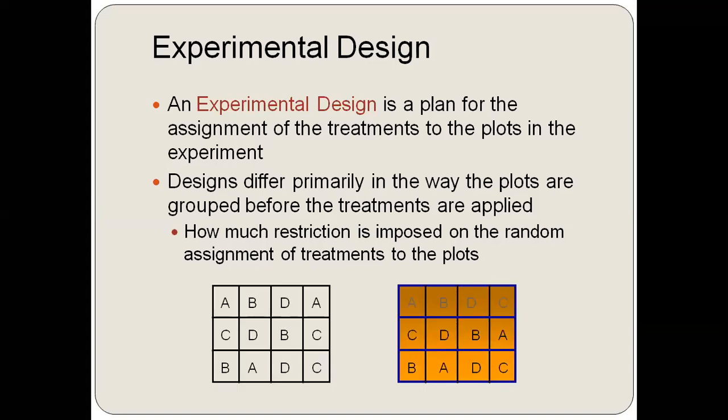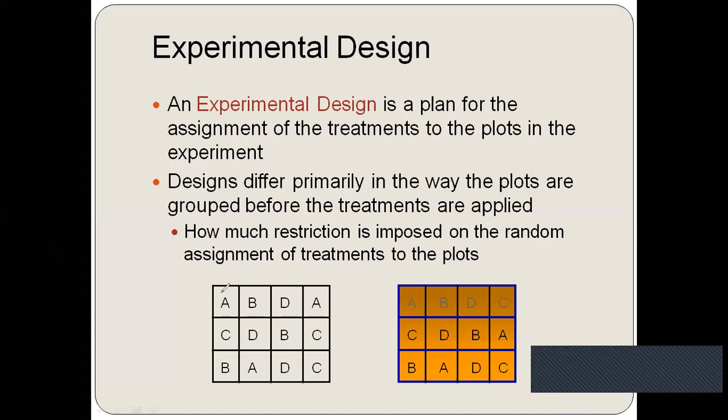Let's take an example here, right? This is one experimental unit. This is another experimental unit. All are different experimental units. This is one experimental unit, this is another experimental unit, square shape, and so on. So here A, B, D, A, C, D, B, C, and so on, right?